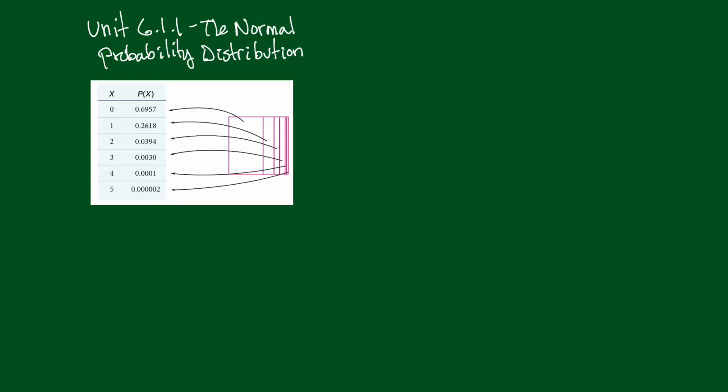Now, continuous means this. Instead of having a countable number of values like 0, 1, 2, 3, 4, 5 successes, we're now going to have an entire interval of values. Like we could go anywhere in the interval from 0 to 5. Like it could be time. Like time could go anywhere from 0 minutes to 5 minutes. So we're going to take a look at that now.